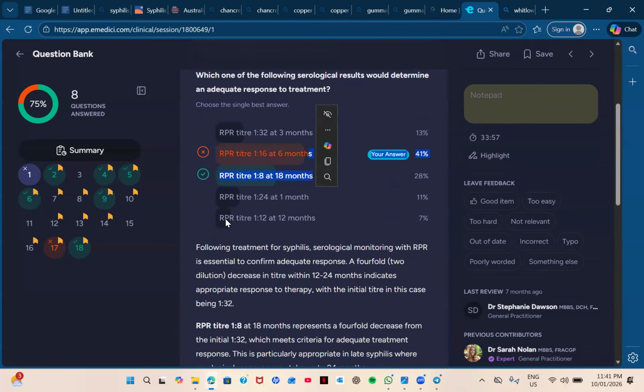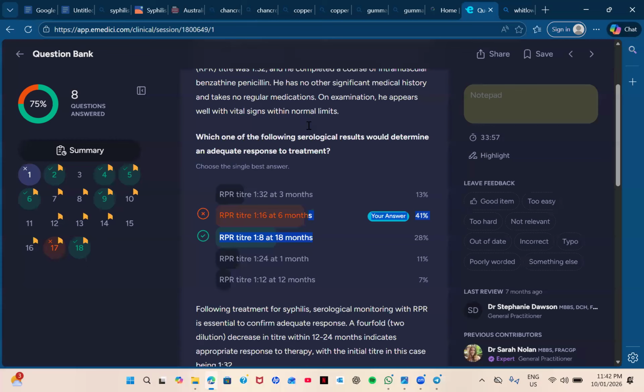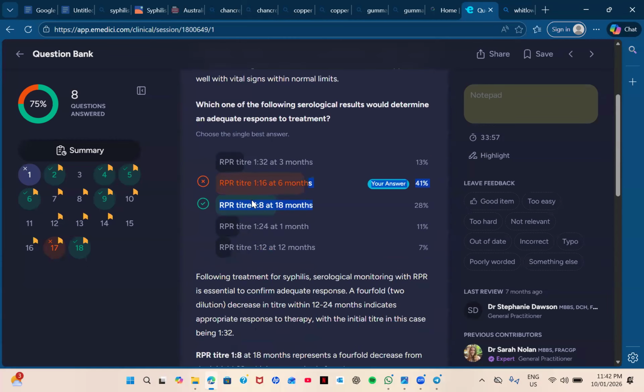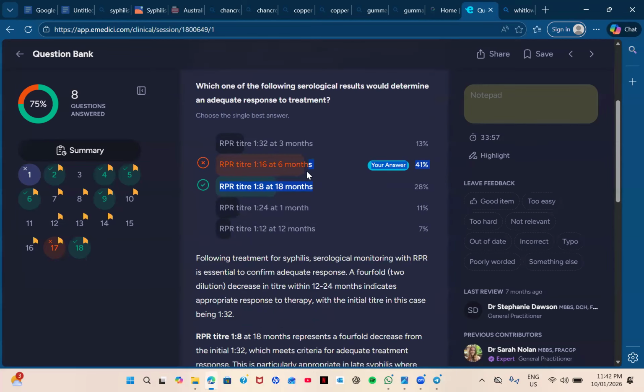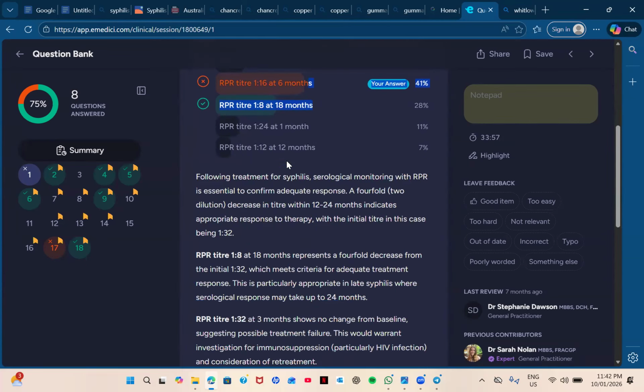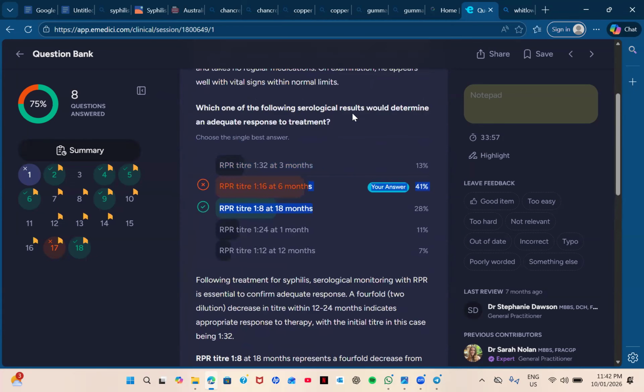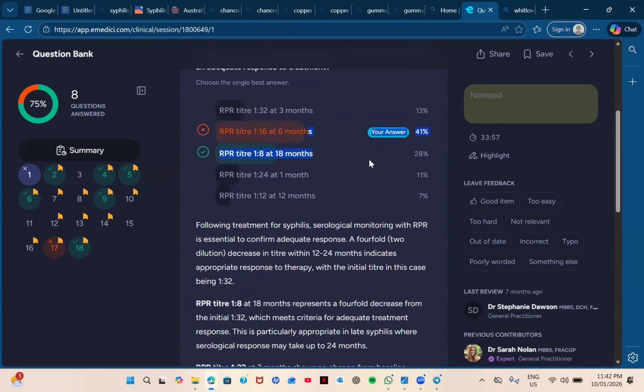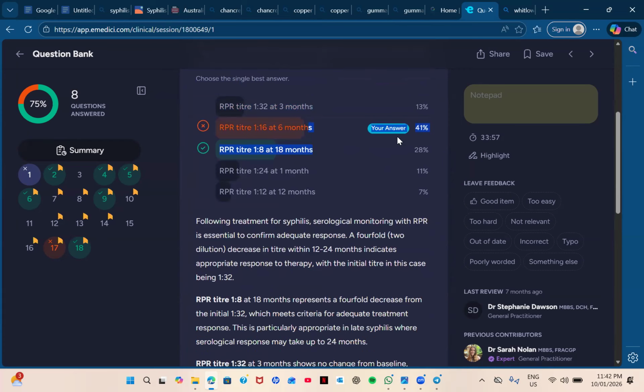Why not 1:16? It's only half, a 1 dilution drop only. In our case it's 32. Dilution means 32, then what is next? 24, then 16 and 8.